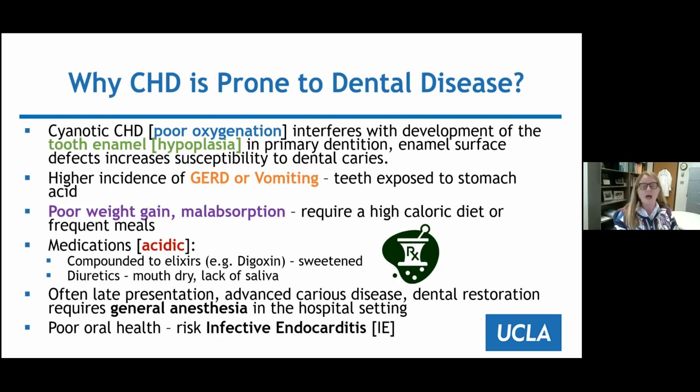So they take a lot of medications, particularly in that 0 to 5 years of age, which is when they're at highest risk for dental caries. They're on a lot of cardiac medications, as well as diuretics, which can dry the mouth and decrease their production of saliva in their mouth as well too.